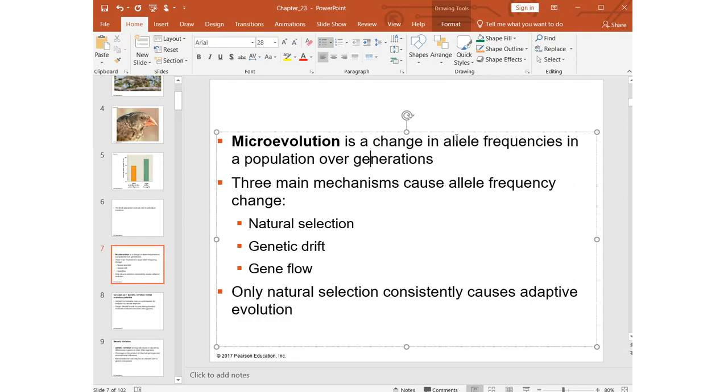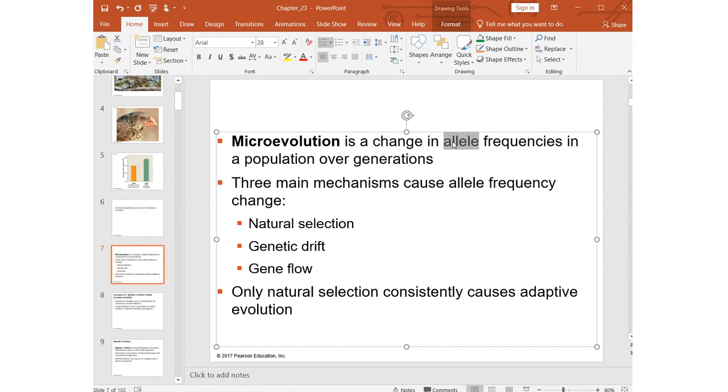And remember, an allele is one form of a gene. For example, in Mendel's peas, there was a gene for the color of the peas, and one allele caused the peas to be yellow, and another allele caused the peas to be green.